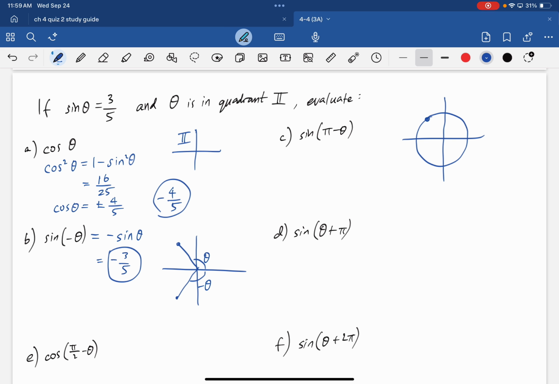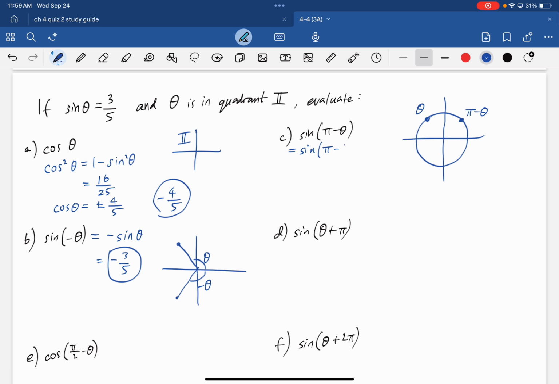That's because pi minus theta is a reflection across the y-axis. So if theta is here, then this is pi minus theta. You could also do this algebraically. Sine of pi minus theta is equal to negative sine of theta minus pi. I'll do it out a little more.